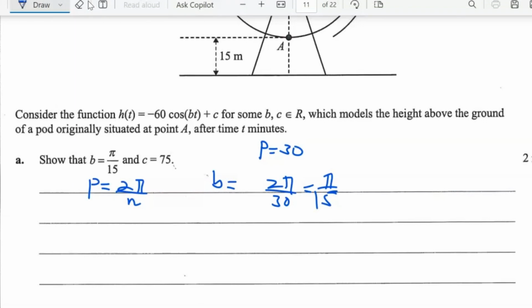Alright, now the c is the mean position, which is going to be the amplitude plus the 15. So that's going to be 60 plus 15, which is 75.